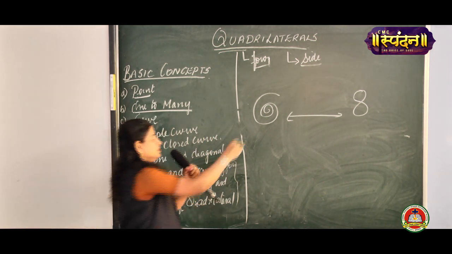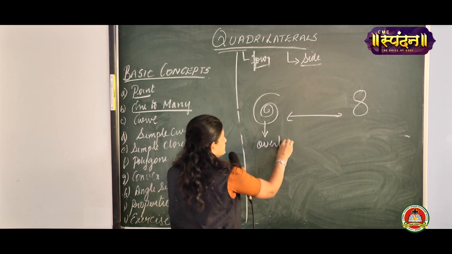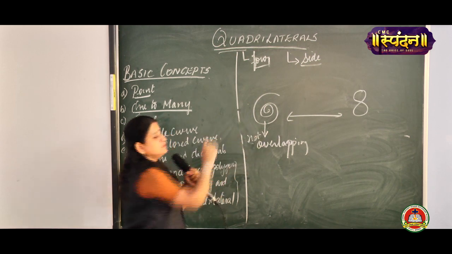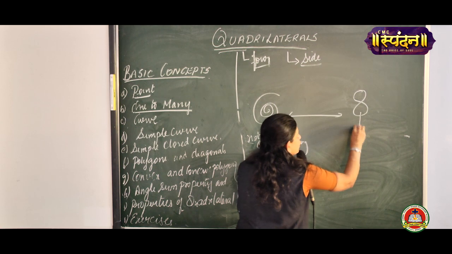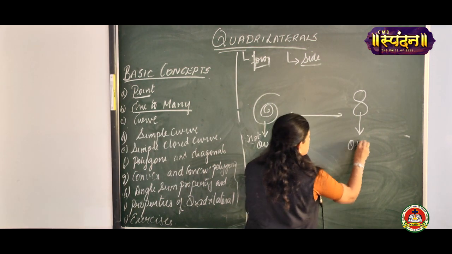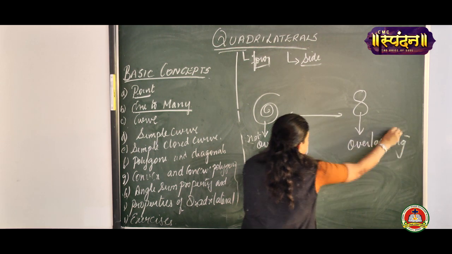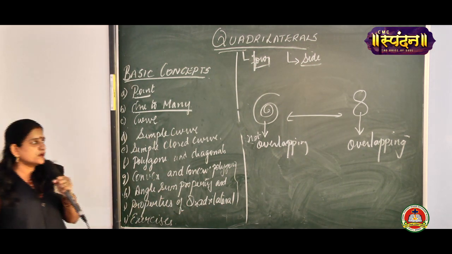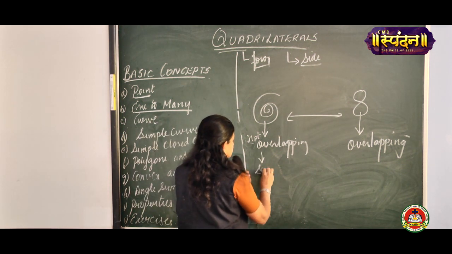Yes. This figure is not at all overlapping. If you observe this curve, it's not overlapping, whereas if you observe this curve, it is overlapping. So, when the curves are not overlapping, you call it a simple curve.